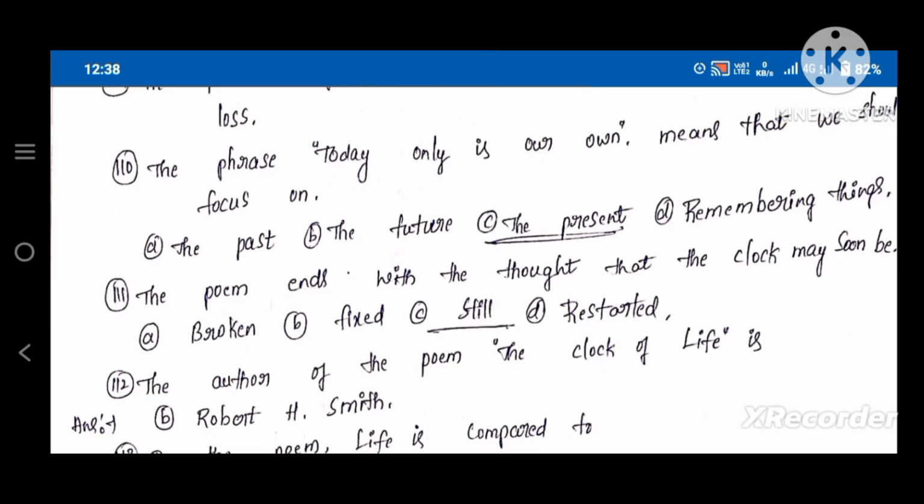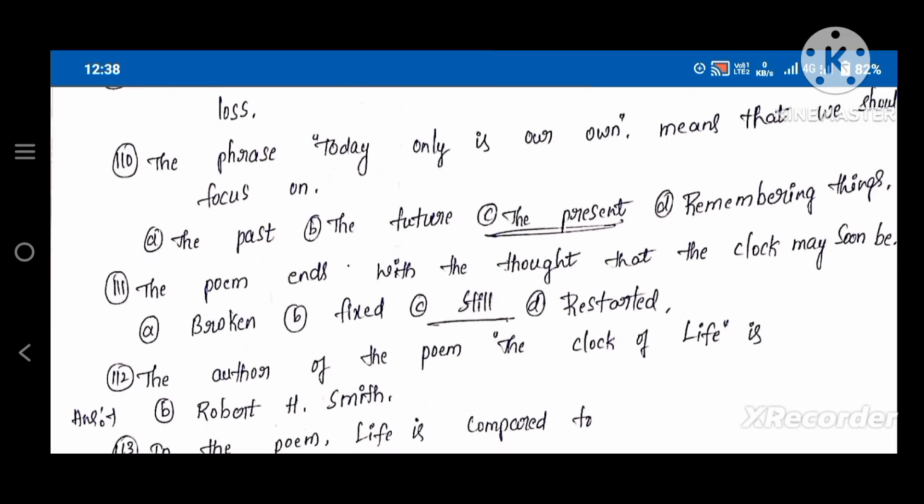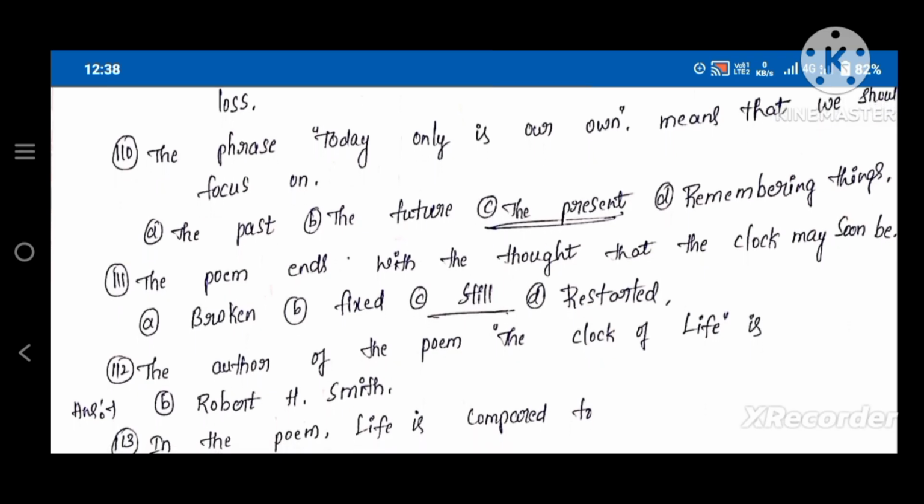The author of the poem The Clock of Life is B. Robert H. Smith.